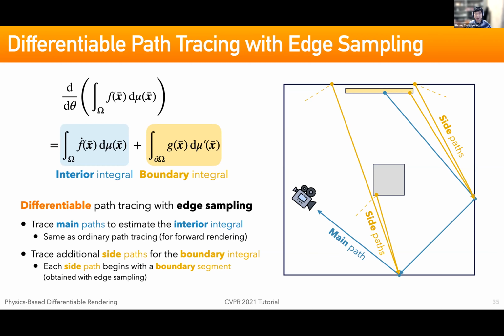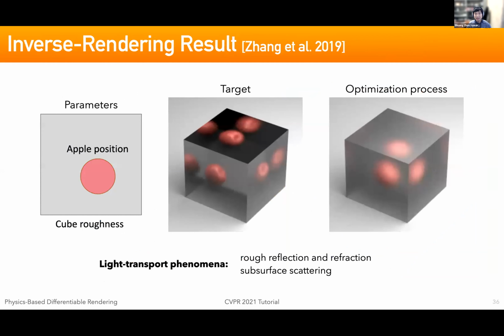This is the first type of differentiable rendering algorithm that is capable of handling global parameters. We didn't get this type of method until recently, around 2018. Let me show you a simple example of what this type of method can do. Here I show a simple synthetic inverse rendering, or analysis by synthesis, problem. We have an apple-like object embedded in a rough glass cube.